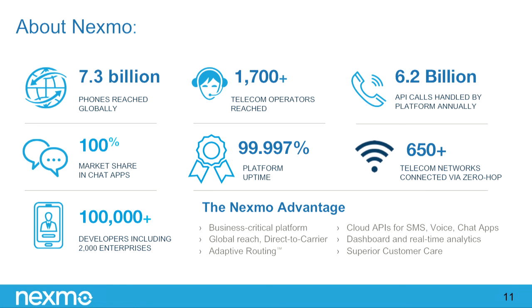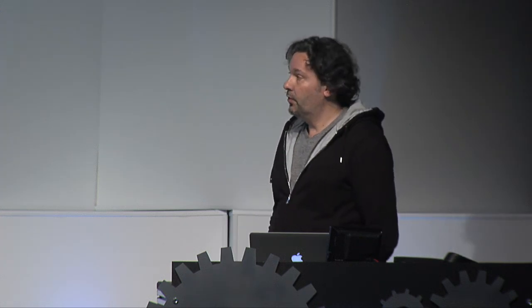We have 100K developers on our platform and a bit more than 2,000 enterprises, some from the financial industry, like the Commonwealth Bank of Australia, the Bank of Jerusalem, and a new kind of player in the financial industry like Transfer2, who use us to do two-factor authentication.